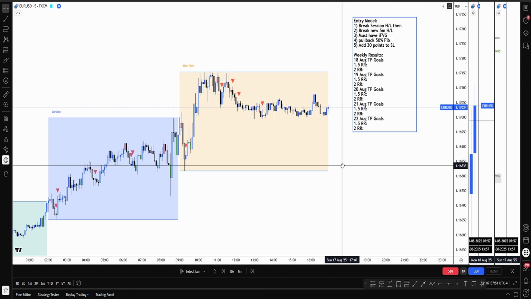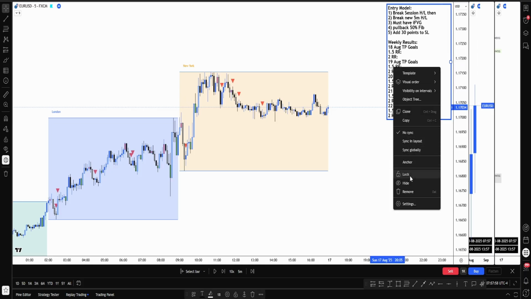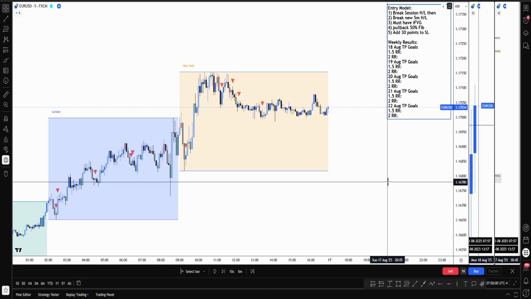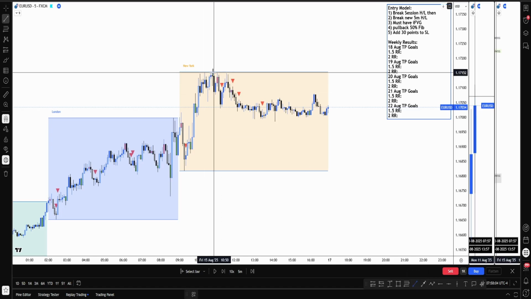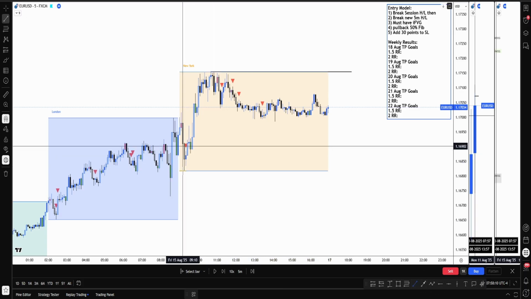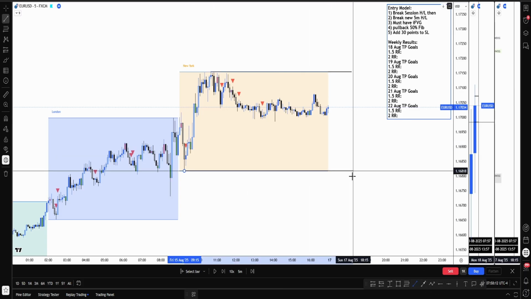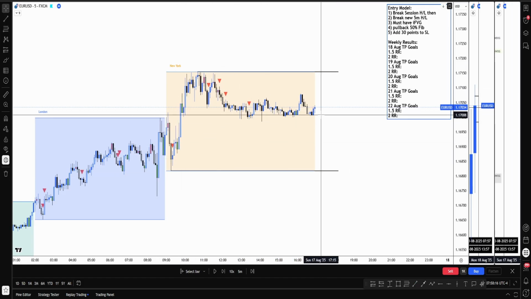So let's start off again with our entry model. I always do this because this is crucial to my strategy, so you can understand what I do. Right, so all I'm going to do is wait for the testing or the break of a session like this one in front of us, right?